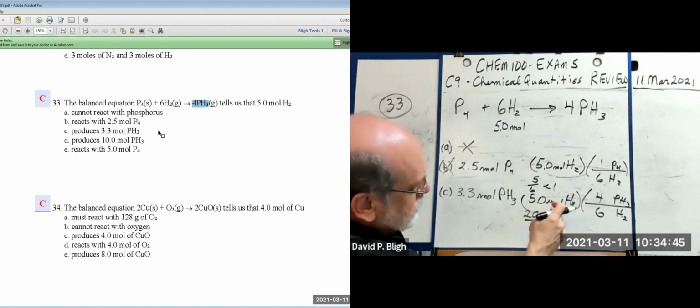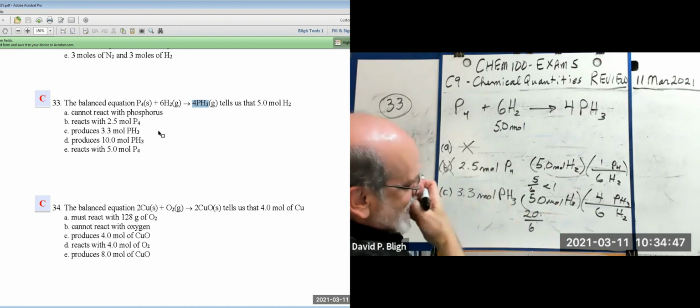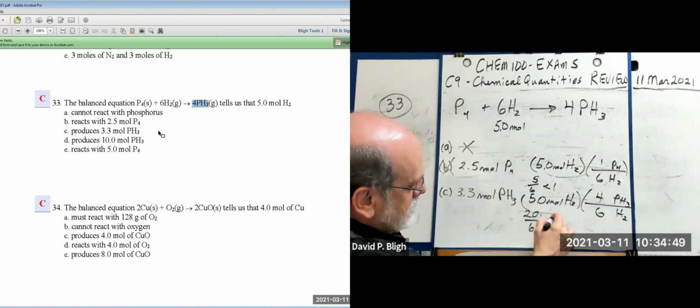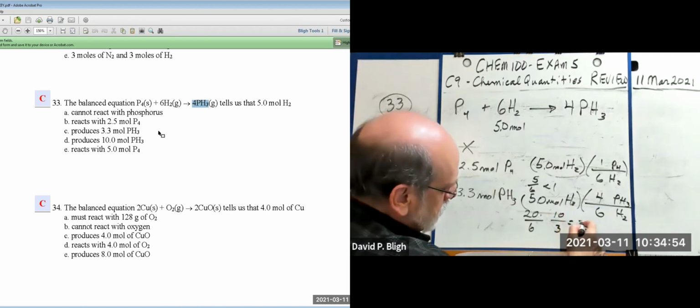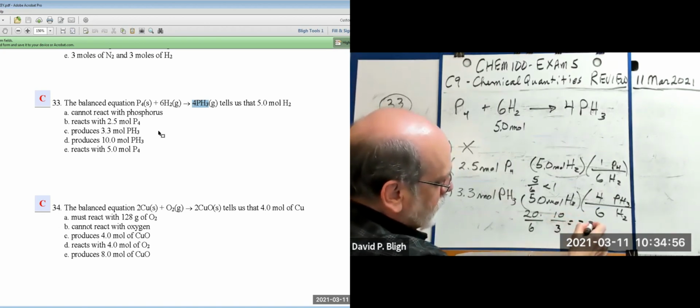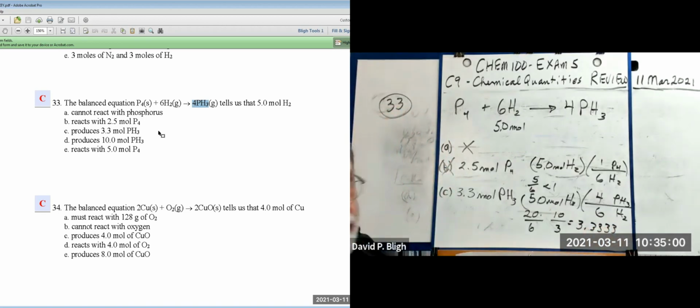Which would be reduced to what? Let's see. 2, this would be 3, 10/3. So that would be 3, 9, and 1/3. Right? That's true.